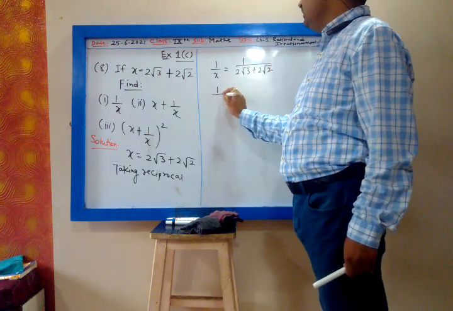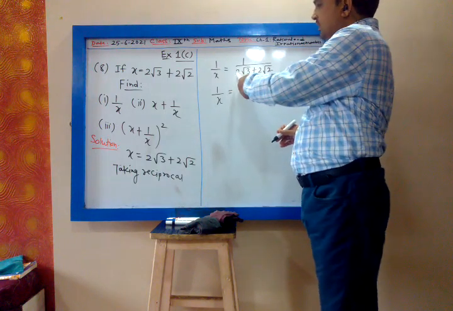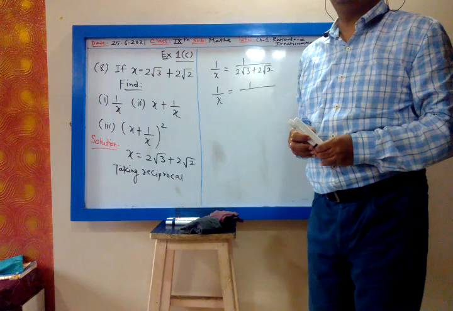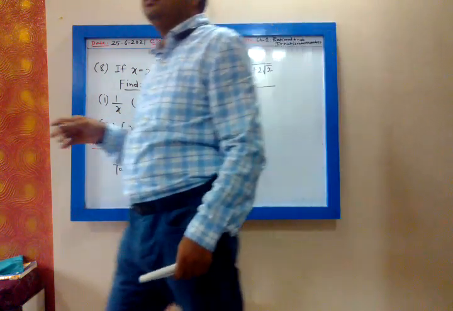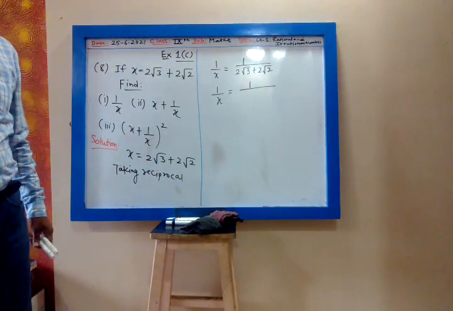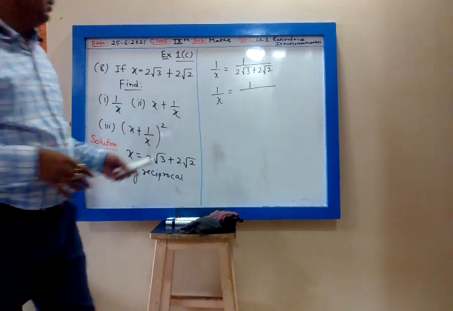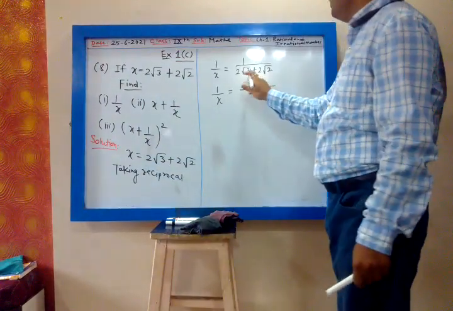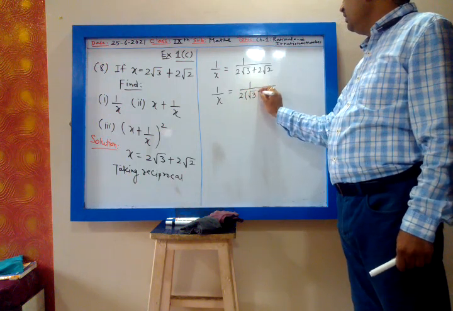You could rationalize the denominator, but first, what is common in the denominator? 2 is common. So that is 1 upon 2 into root 3 plus root 2.